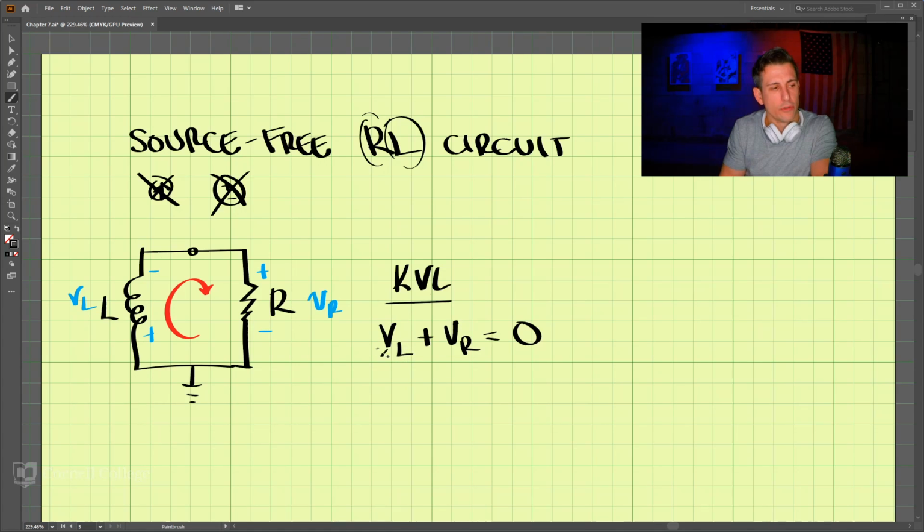Now remember, the voltage across the inductor is L di dt, the derivative of the current with respect to time. And the voltage across the resistor is nothing more than the current I times R. So we can write it as L di dt plus R times I is equal to 0.